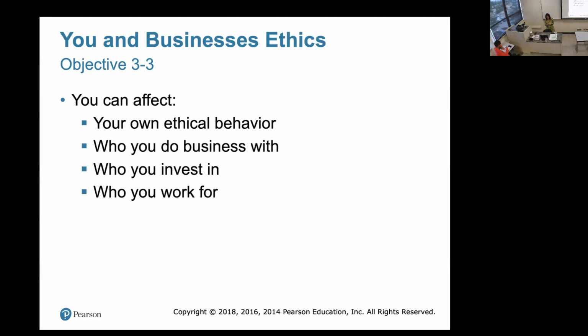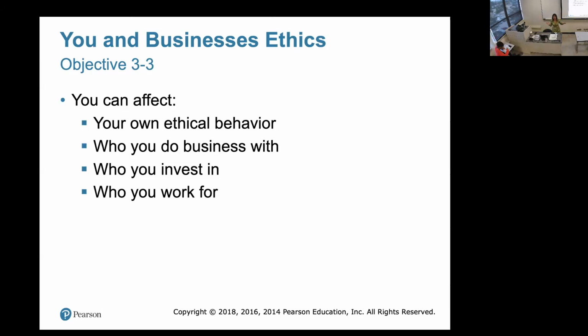So on business ethics, or ethics in general, you might not be able to change what companies do, but there are things that any individual can do. You can change your own ethical behavior by deciding where you're going to buy from, what you're going to buy, how much you're going to buy, where you're going to work.